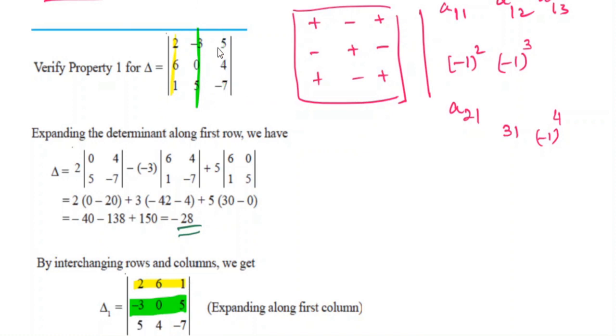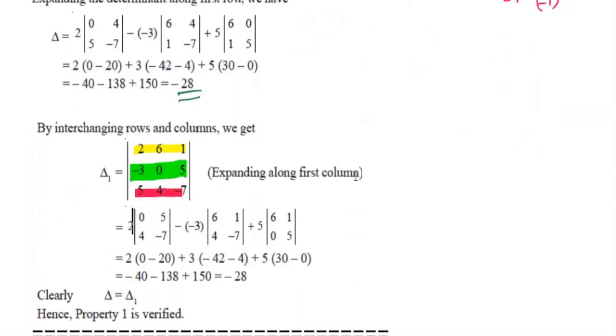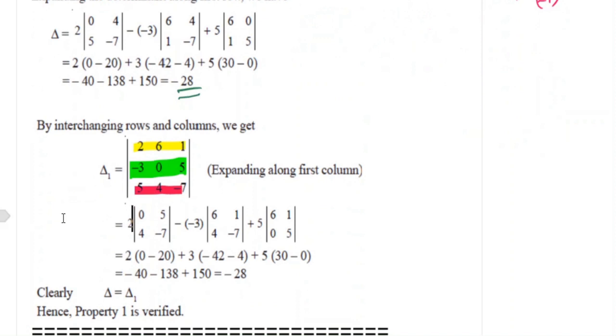Okay, right. So this is the third column. Now I am converting this. If I use red, everything goes. Anyway, now I have interchanged. Once again, I do the same exercise of expanding.